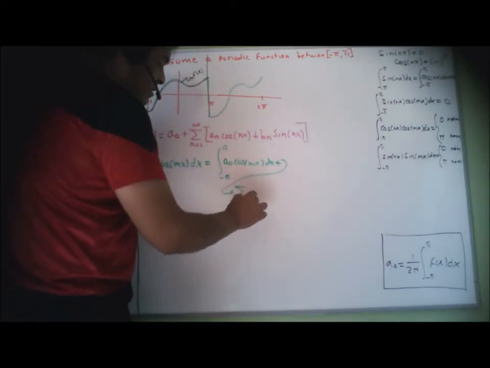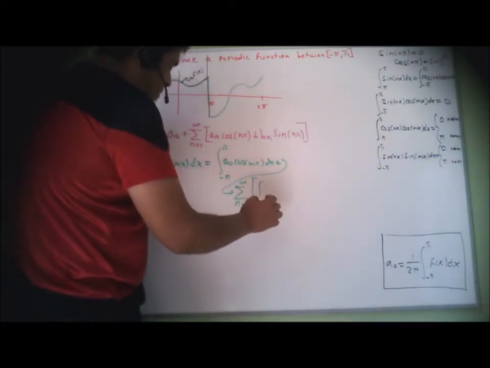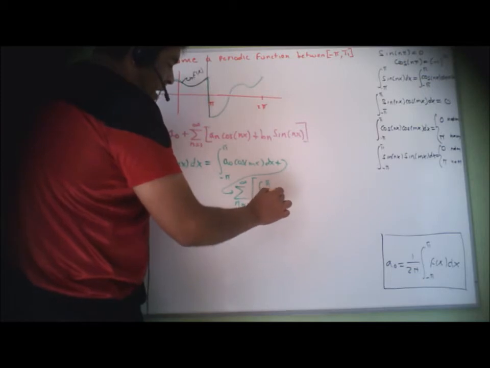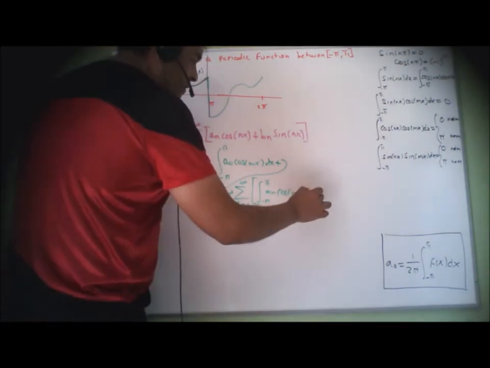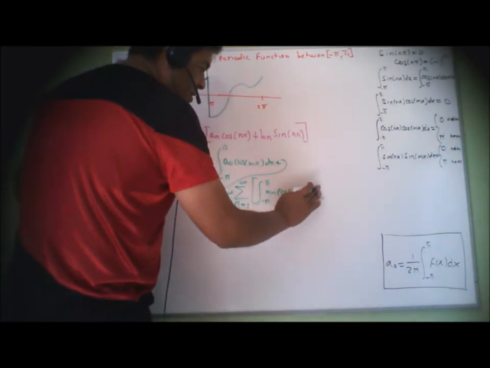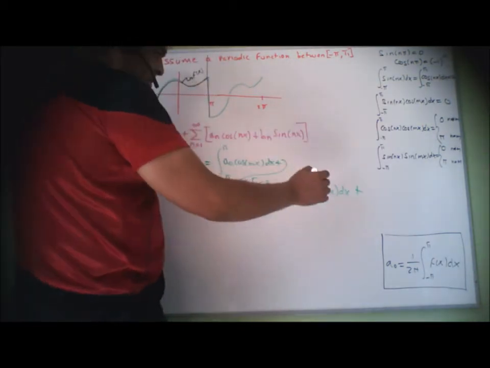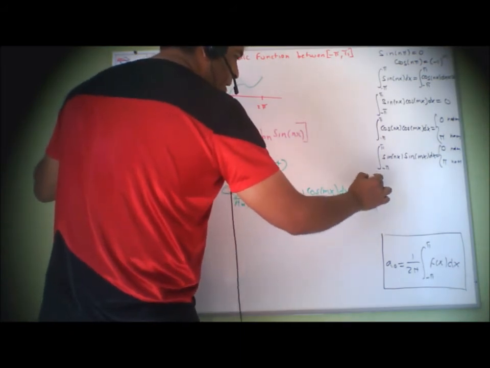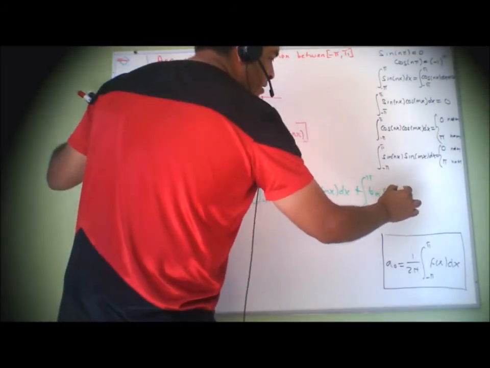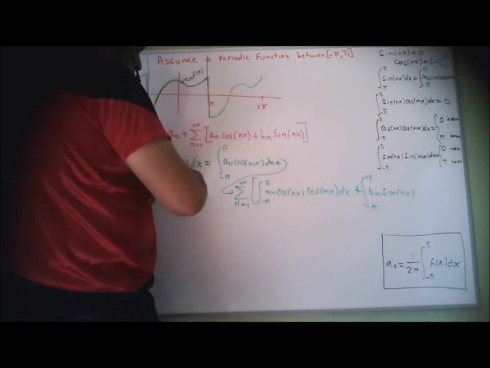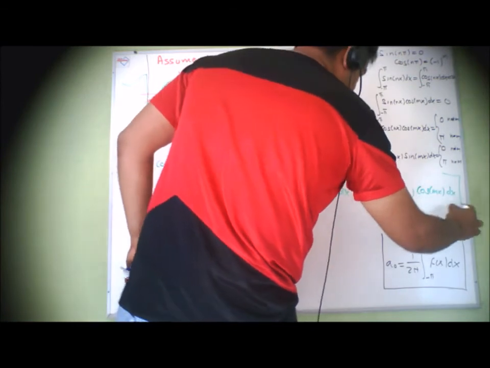So I'm going to write first the summation from n equal to 1 to infinite, and then the integral from minus pi to pi of an cosine of nx times the cosine of mx differential of x, plus the integral from minus pi to pi of bn sine of nx times the cosine of mx differential of x, and then you close all that.